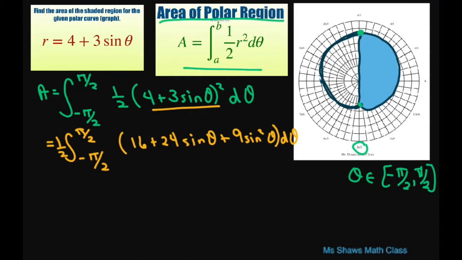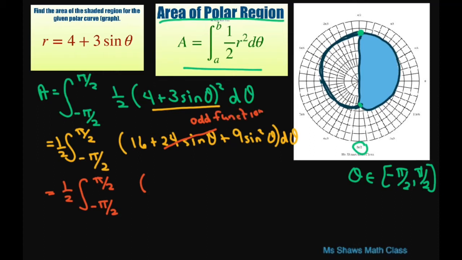Next, we're going to write this out as 1/2 integral of negative pi divided by 2 to pi divided by 2, and I'm going to take this out. This is because this is an odd function, and it doesn't affect our graph.